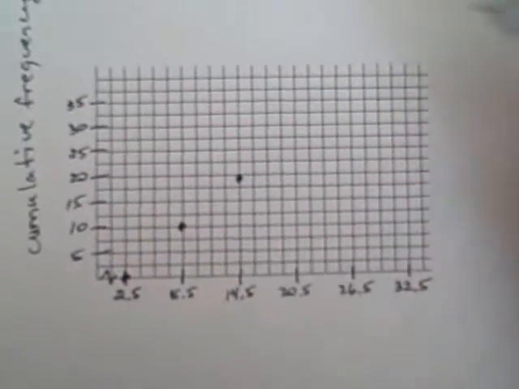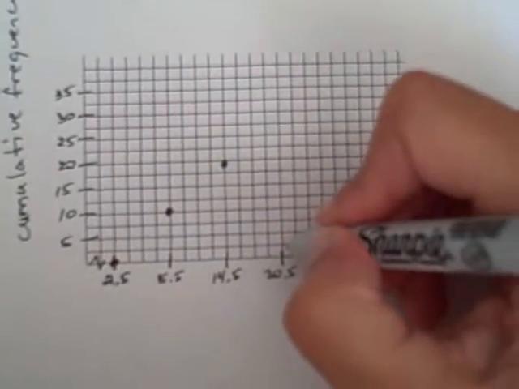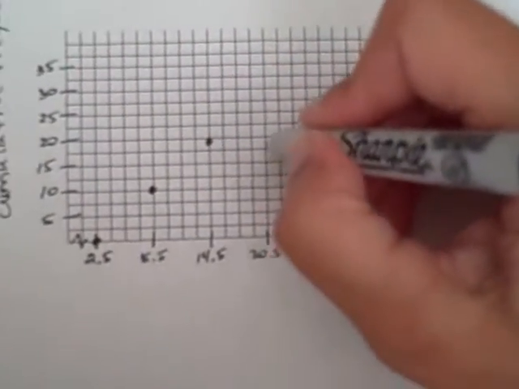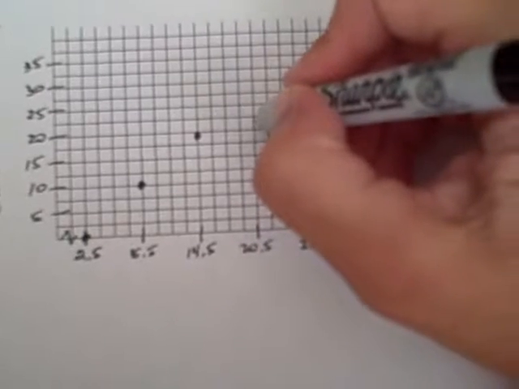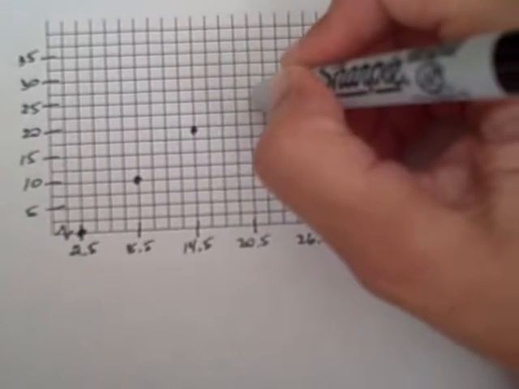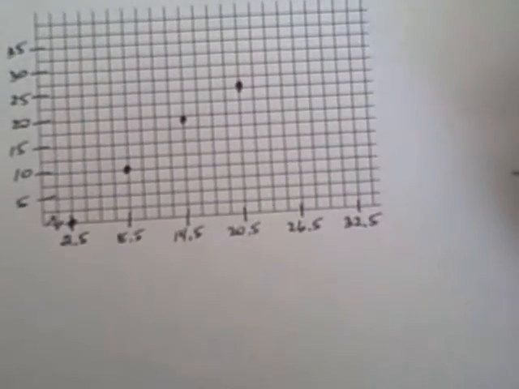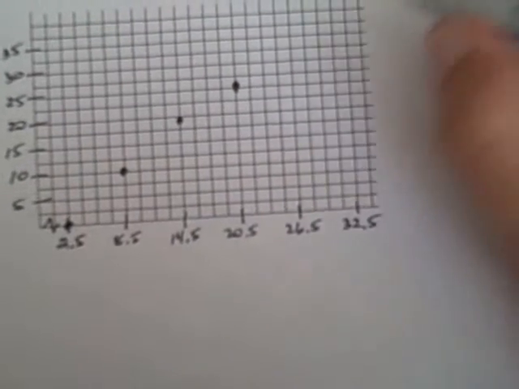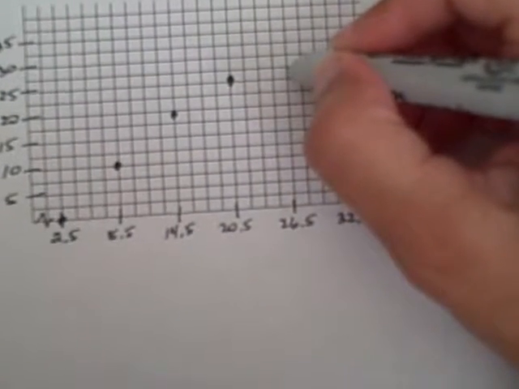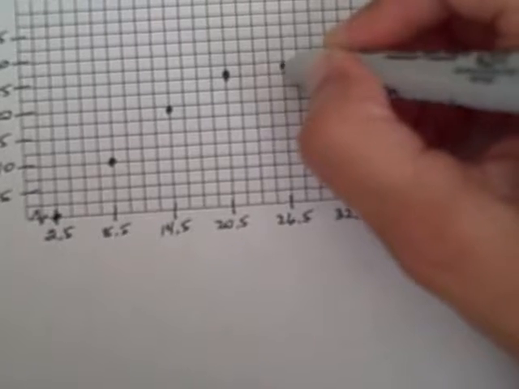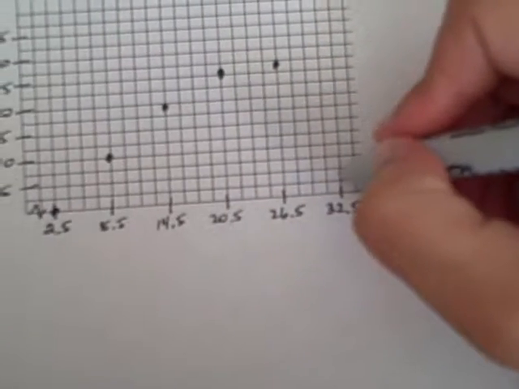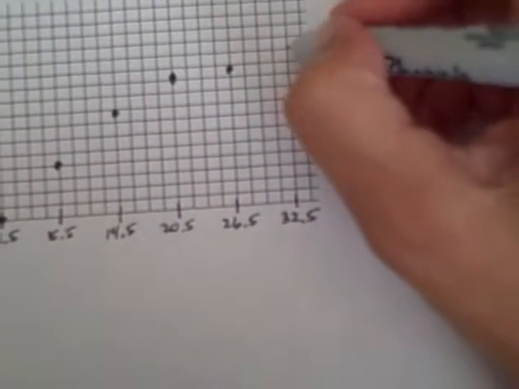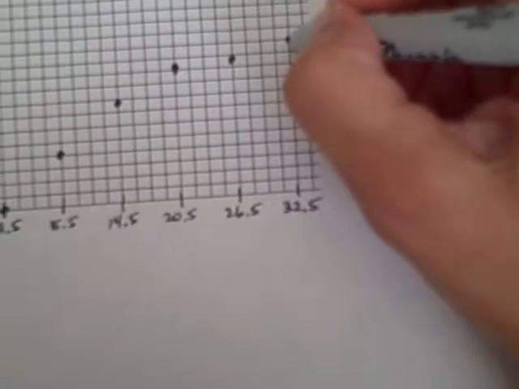Okay. For the third class, our cumulative frequency is 25. So above 20.5 here, I go up to 25, and I put a dot. Okay. For the fourth class, we're at 27. And for the last class, of course, we're all the way up to 30.